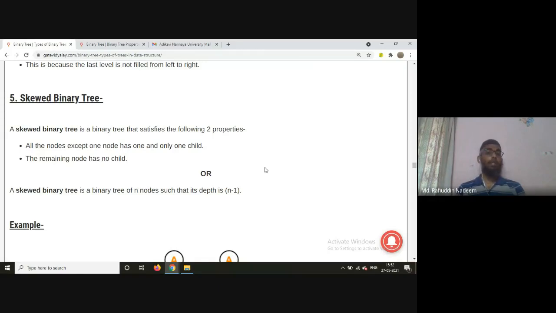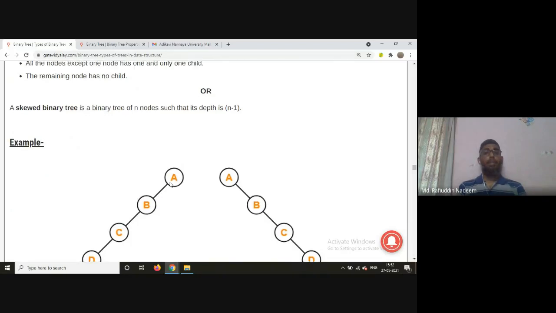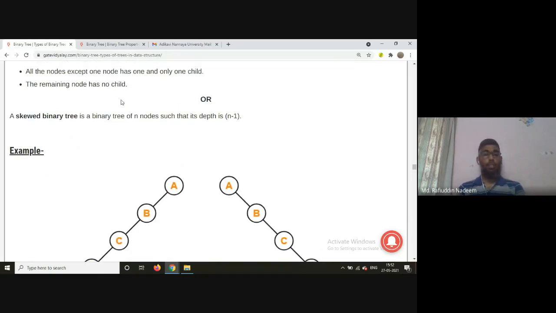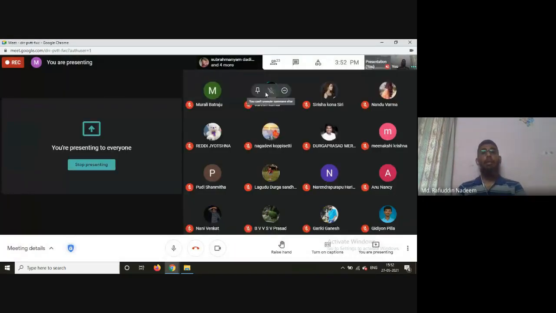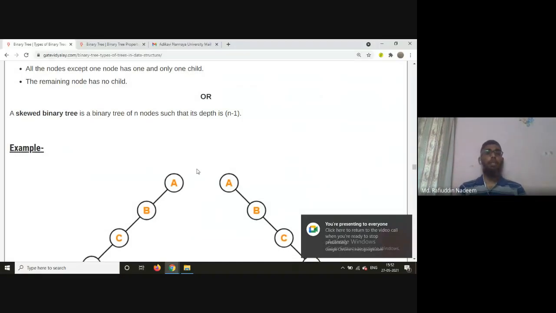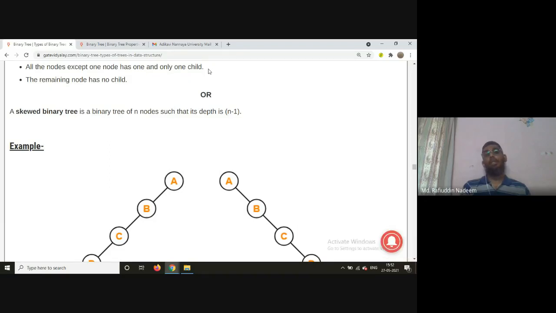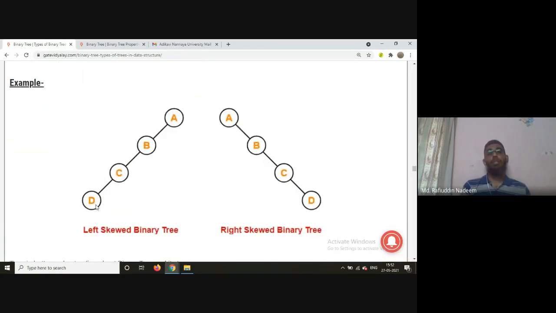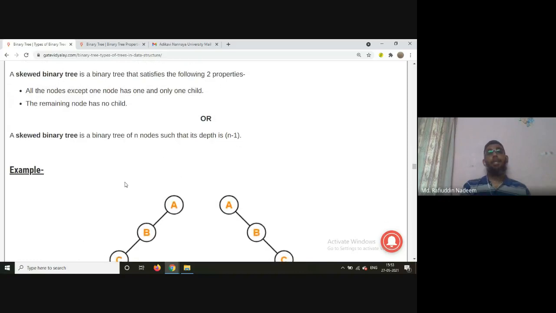Every node here has only one child, and the last node has no children. Except one node, all have only one child, and that remaining node has no child.